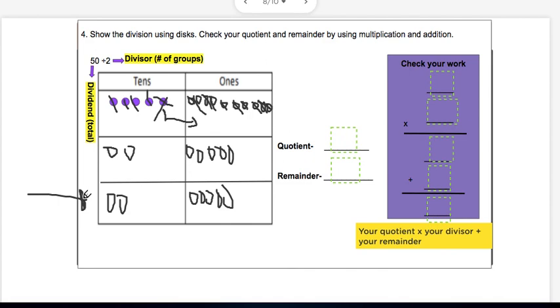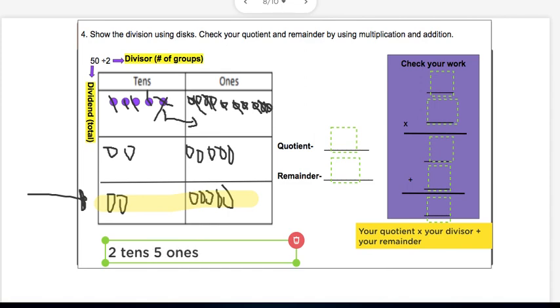Pick a group and focus on it. I'm going to highlight my group so that you guys can see it. How many 10s are in this group? Beautiful. 2 10s. And how many 1s are in this group? Good job. 5 1s.